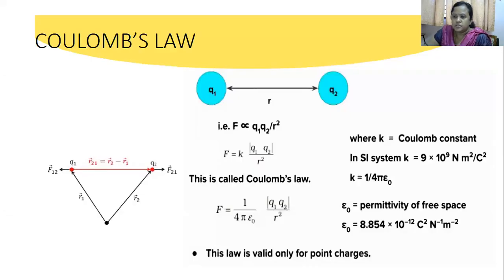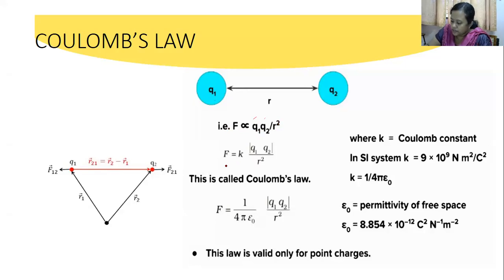The most important law in electrostatics is Coulomb's law. We already know what Coulomb's law is. If there exist two charges, Q1 and Q2, there is always a force between them, and that force is proportional to the magnitude of the charges Q1 and Q2 and inversely proportional to the square of the distance between them.